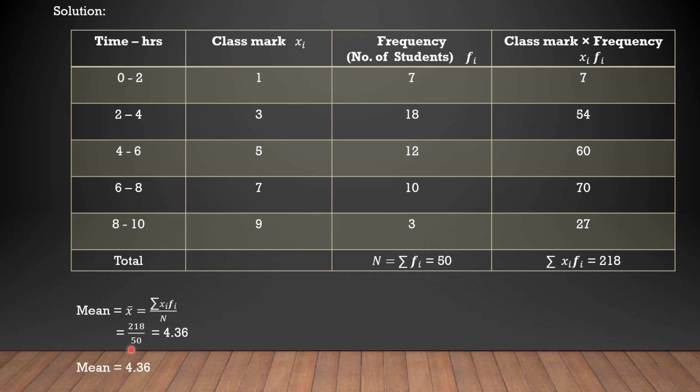So 218 by 50 is equal to 4.36. So mean is equal to 4.36. This is the direct method to calculate mean. So answer is 4.36.